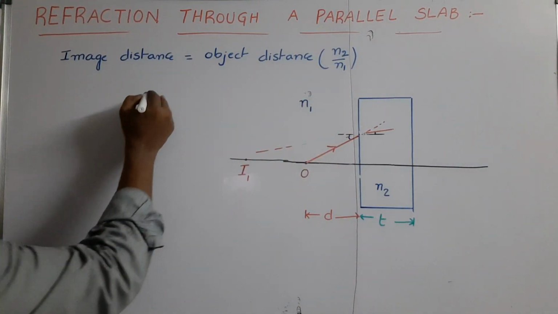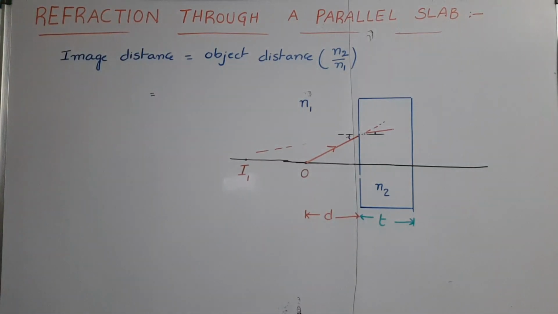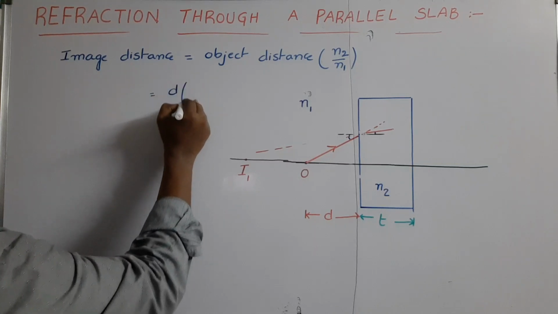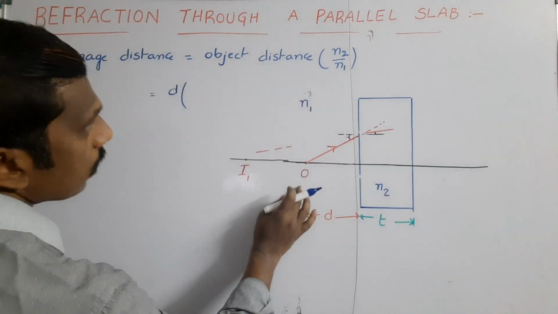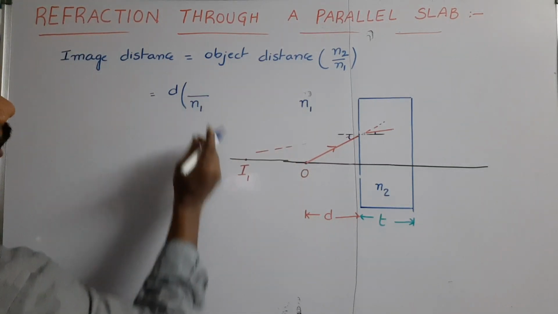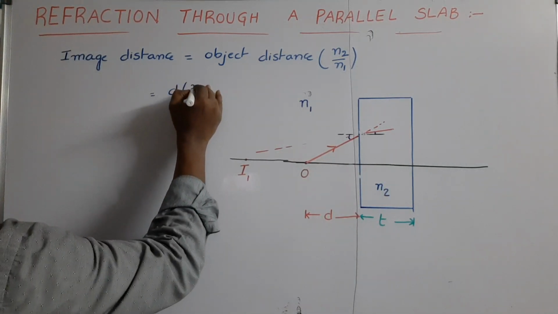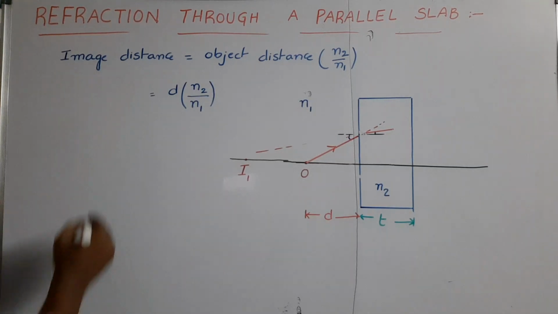Here the object distance is d meters from the first surface. So object distance d times n2 by n1, where n1 is the refractive index of the medium in which the light first travels, and n2 is the refractive index of the medium into which the light refracts. So this is the image distance I1.